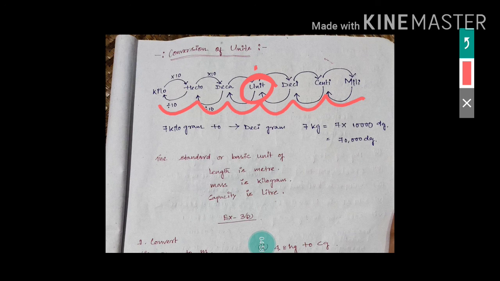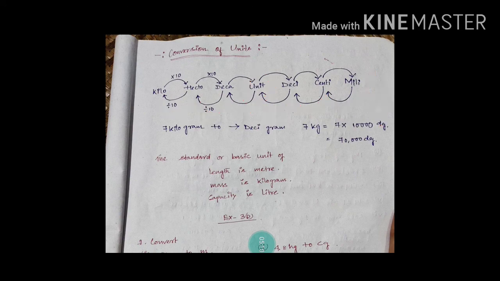So like this you have to understand. The table will be the same, just after milli it will be liter, or meter, or gram. Now how to convert? Suppose you are converting from kilogram to hectogram, then you have to multiply by 10.